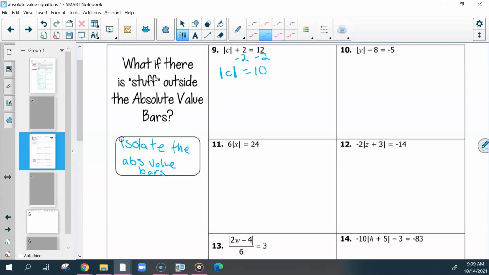Once I do that, there's nothing else left on the outside of the absolute value bar. And when it is isolated, then everything else is the same. And then write your solutions up.